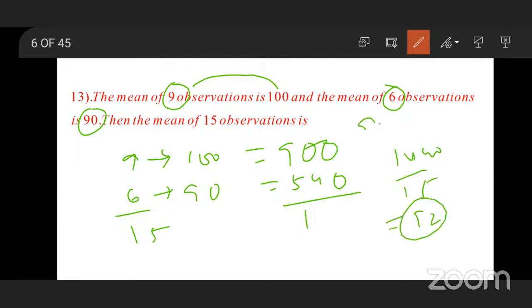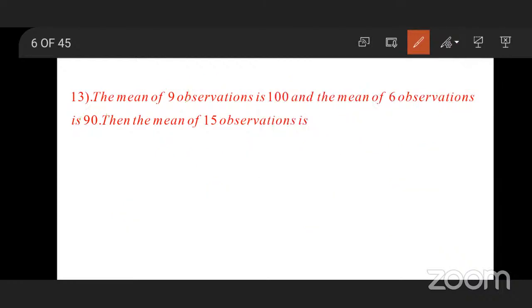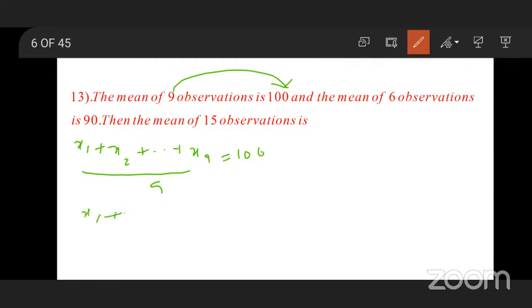Simple method. What is the answer? The answer is 92. Indirectly, how to find it: the mean of 9 observations is 100, which means x1 plus x2 plus so on x9 by 9 is equal to 100. Therefore, indirectly, x1 plus x2 plus so on x9 is equal to 900.